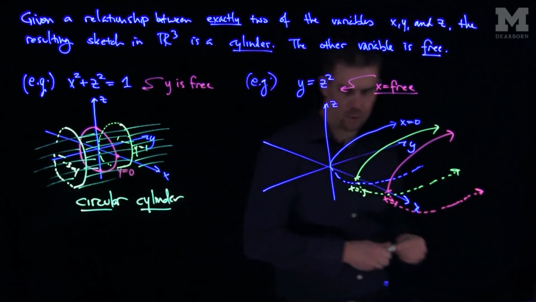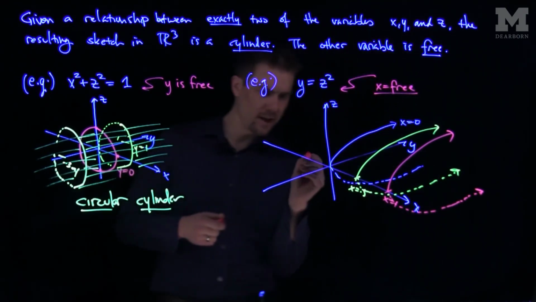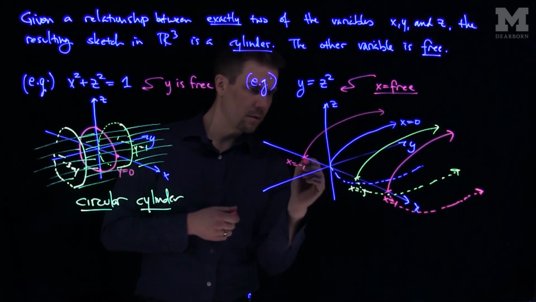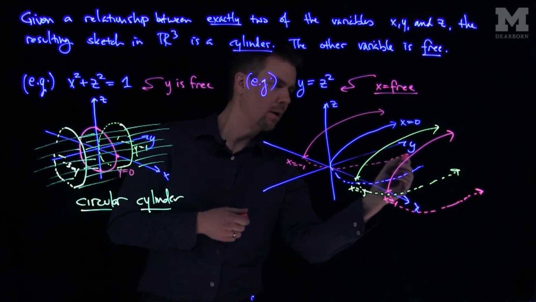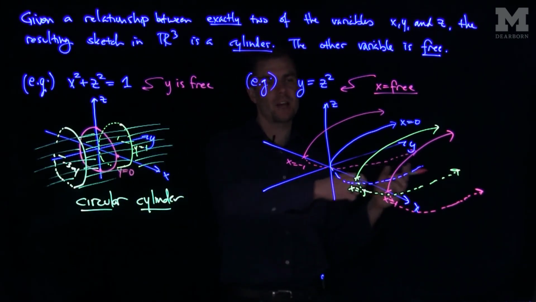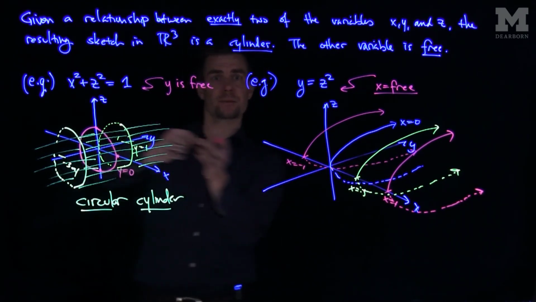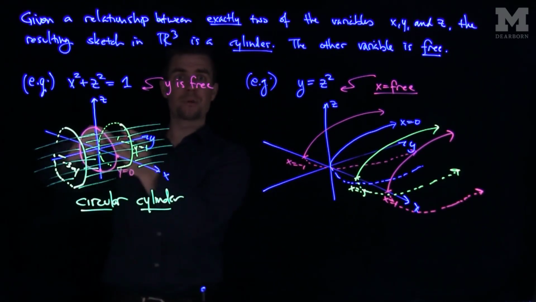I can also do x equals -1. Draw the same parabola. And so what we see here is a whole sequence of parabolas whose vertex is sliding up and down the x-axis, and they're all exact identical copies of each other.